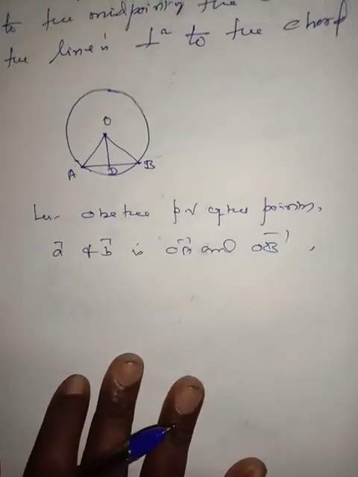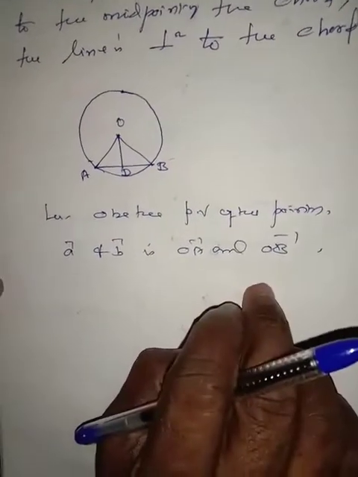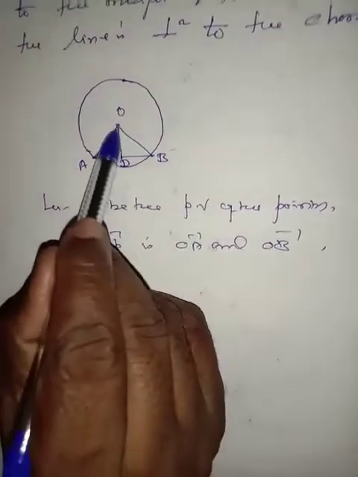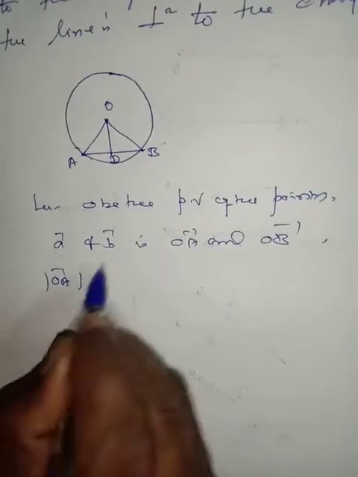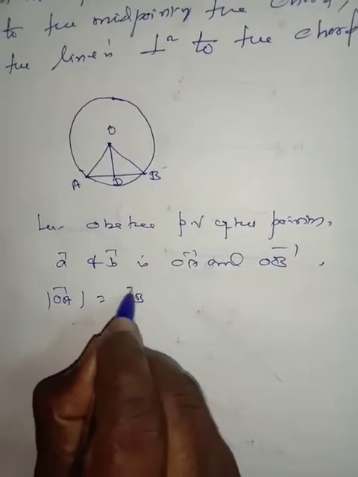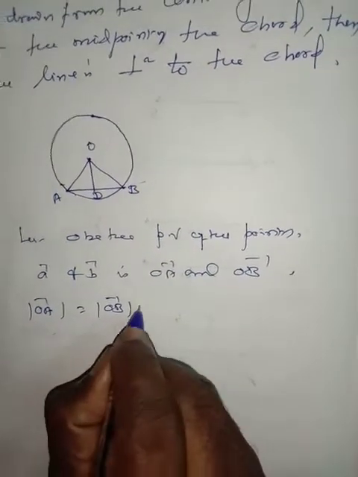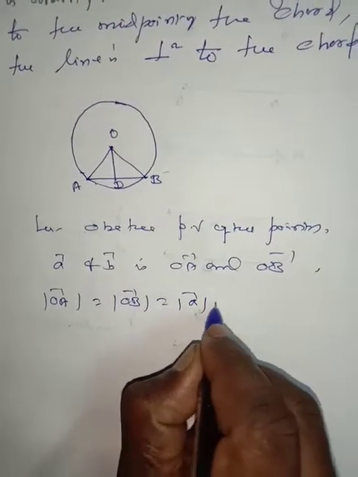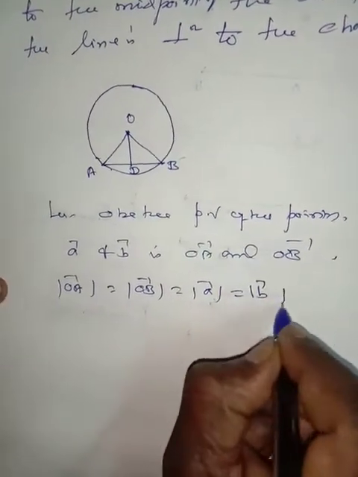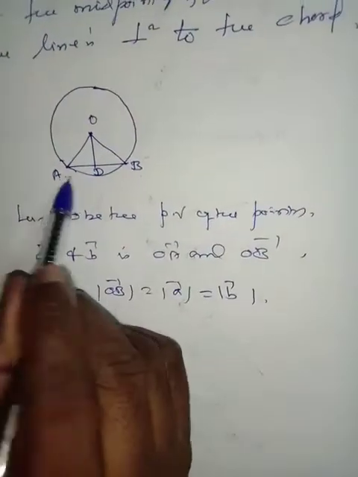Now let O be the position vector. The center is at O. Now OA vector is equal to small a vector, OB vector is equal to small b vector, and the magnitudes are equal. D is the midpoint of AB.